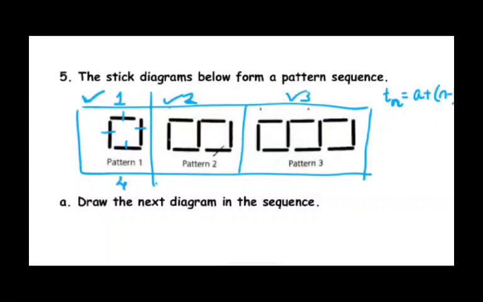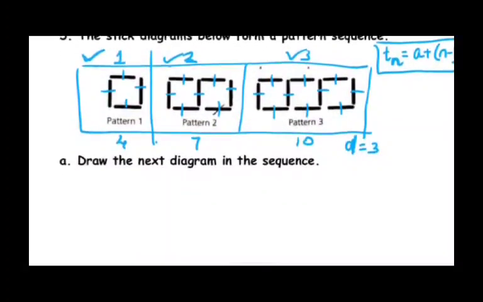In the second position, how many sticks? 1 2 3 4 5 6 7. Third one, 1 2 3 4 5 6 7 8 9 10. So the difference that we've identified is 3, right? Difference is 3. I will explain what number will go with each letter. Right now let's move on to 5a.